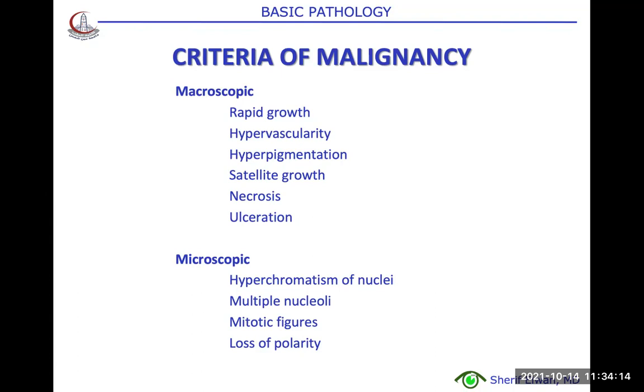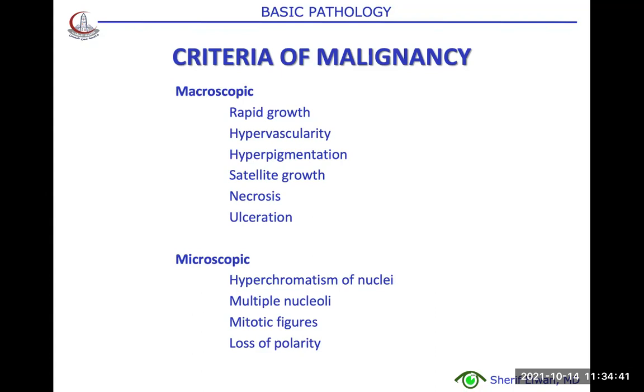While microscopic characters of malignancy are hyperchromatism of the nuclei, where the chromatin strands inside the nucleus are very dark, appearance of multiple nucleoli, small nuclei inside the nucleus, appearance of spindles of mitotic figures, and loss of polarity.